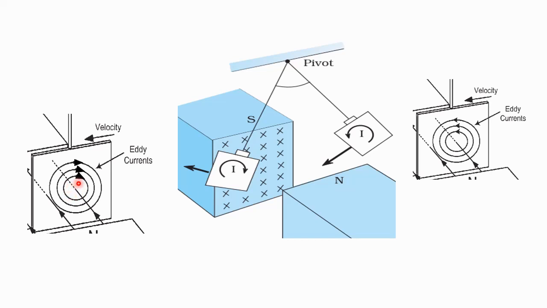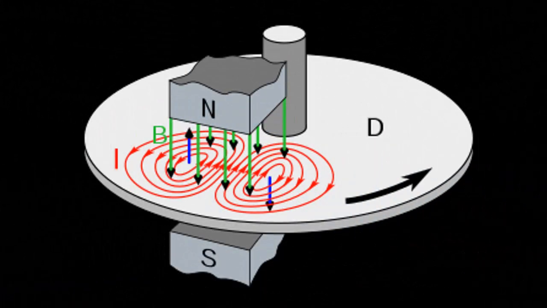Here is another example where eddy currents are produced when a disc is rotating between the region of North Pole and South Pole. This green arrow represents the direction of the external magnetic field, and this black arrow represents the direction of rotation of the disc.